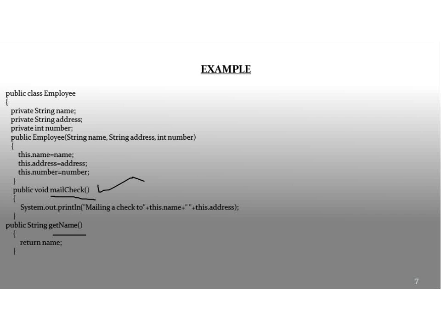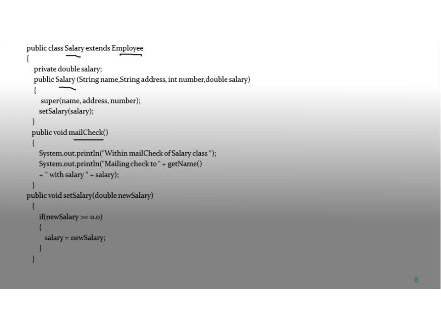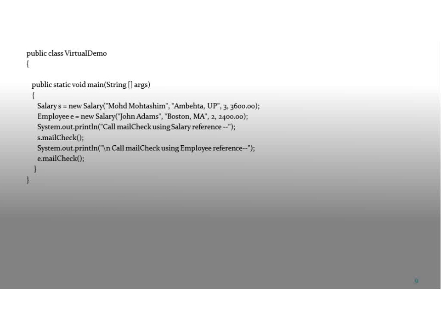Inside this child class we have another method called mailCheck. You can see that here we have a method called mailCheck, and by the same name we have another method inside the child class, and we have a setSalary method.